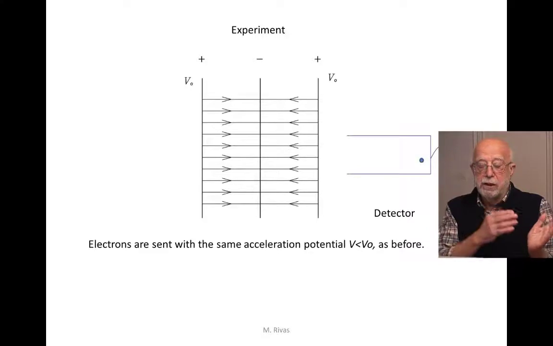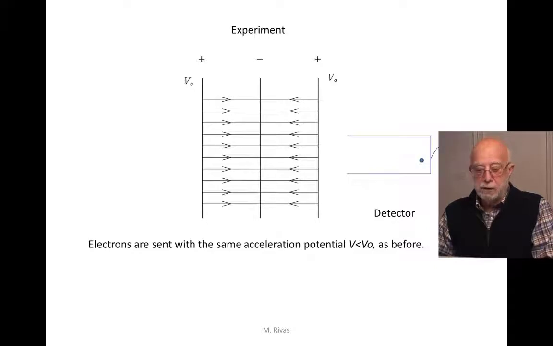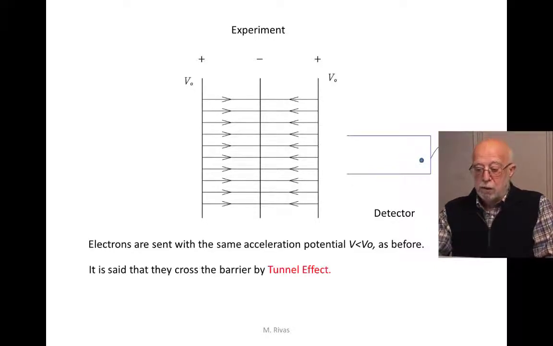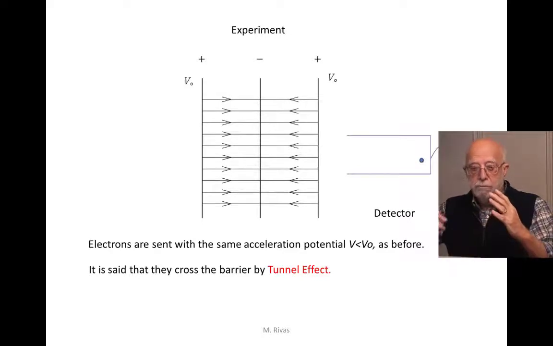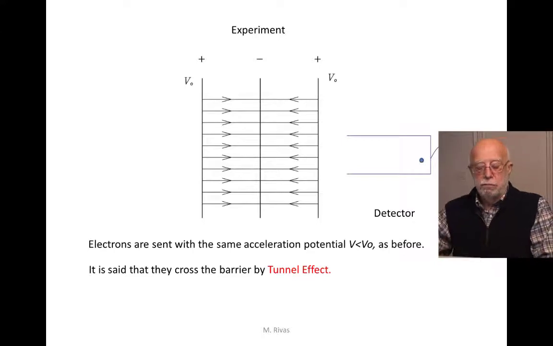But the theoretical analysis has been done with the point particle electron, which is a wrong model for the spinning electron. So, in quantum mechanics, they say, oh, electrons have crossed this mountain. They do not have sufficient energy to climb the mountain and go to the other side. So they have drilled a tunnel through the mountain and crossed to the other side.